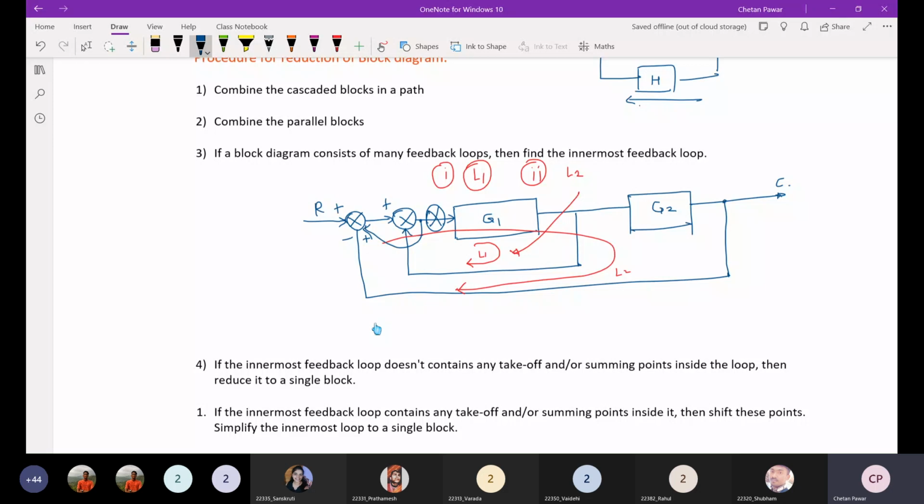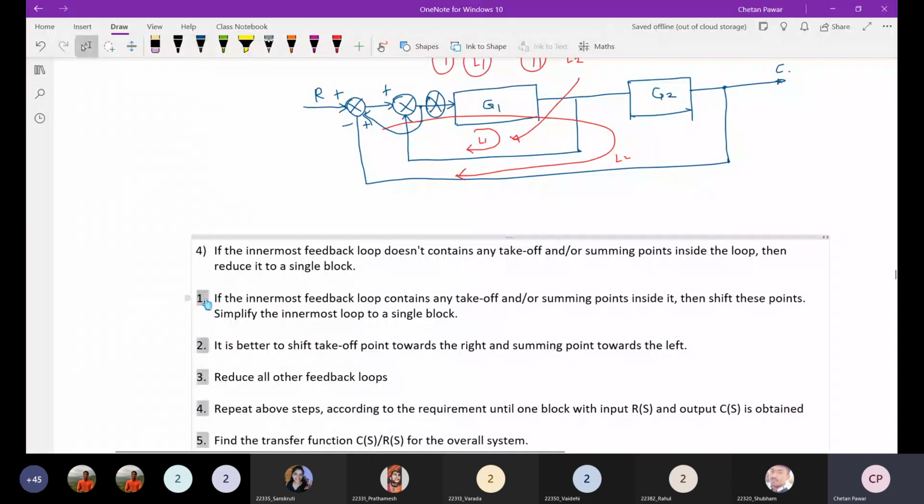If there is a summing junction or a takeoff point inside that particular single loop, the fourth point is suggesting that. The fourth point is saying that if there is no summing junction and no takeoff point, you can reduce that particular single closed loop to a block.